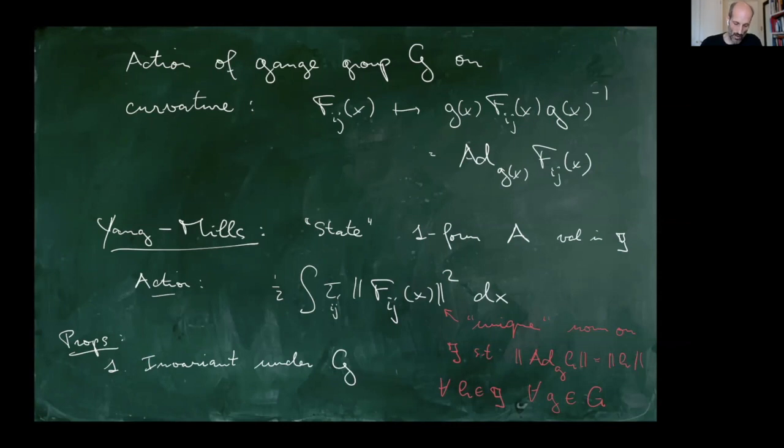And there's actually a second property, and that's the same property that phi-4 has. We've seen in Hugo's lecture that in 4 dimensions, the phi-4 action is scale invariant.